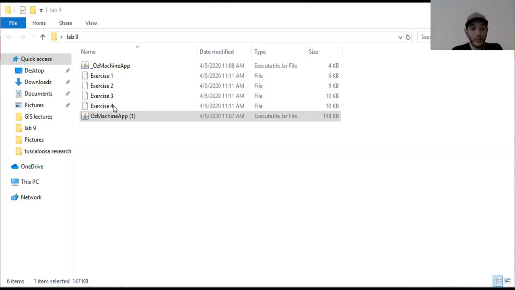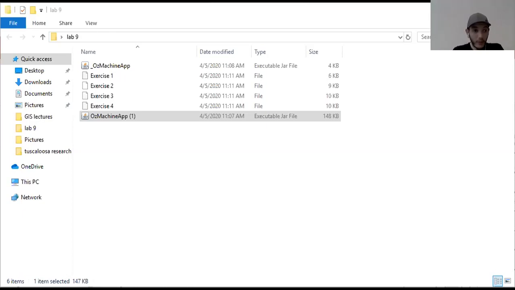What you need to do is click read las, and go to the file that has your exercises. I have them on my desktop.